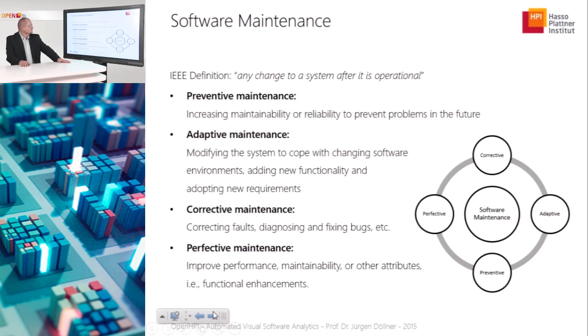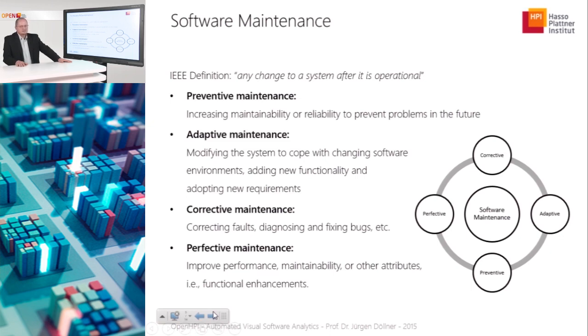So if we prevent problems in the future, if we, for example, increase software quality, then it's called preventive maintenance. Another key dimension of maintenance is called adaptive maintenance. That means everything that is done to modify the system in order to cope with changing software environments, adding new functionality, and adopting new requirements from the client or from customers.